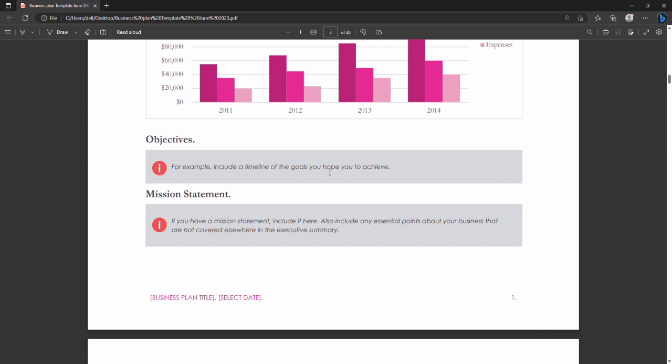It can also come from the angle of staffing. Maybe you want to increase the strength of your staff. It can also be training. It can also be maybe diversification into other products. So it can mean many things. So you just have to highlight them.